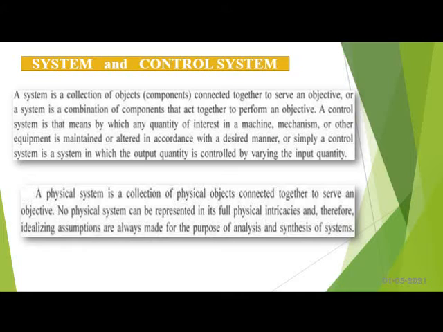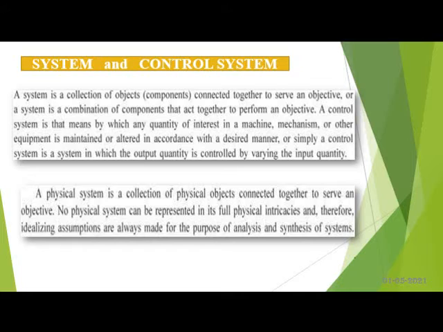The control system is one in which any quantity of interest in a machine, mechanism, or other equipment is maintained or altered in accordance with a desired manner. Simply, a control system is a system whose output quantity is controlled by varying the input quantity.